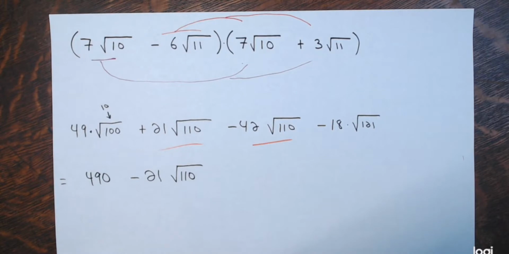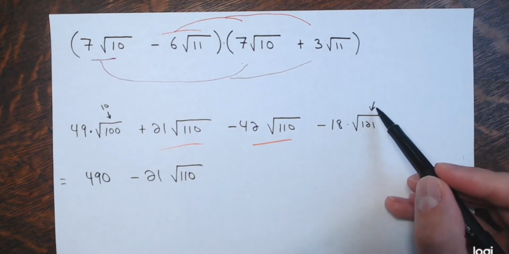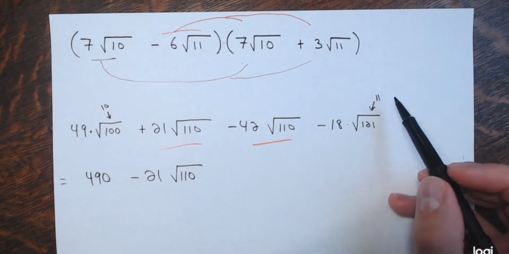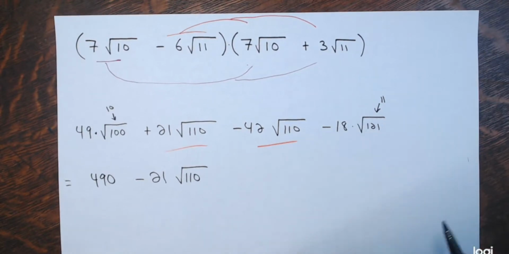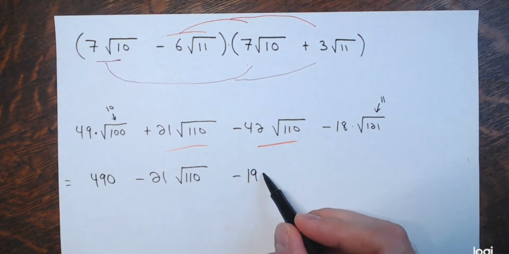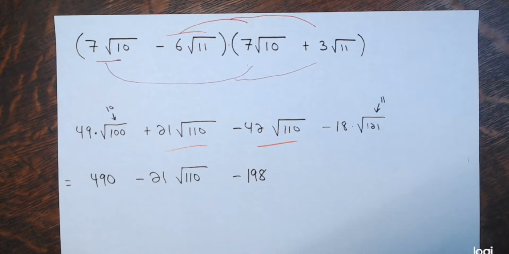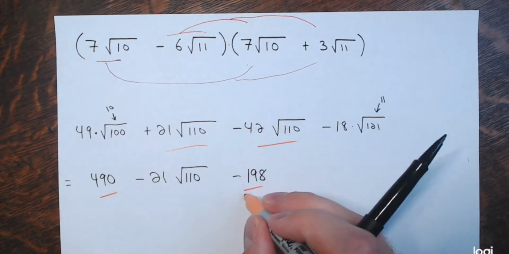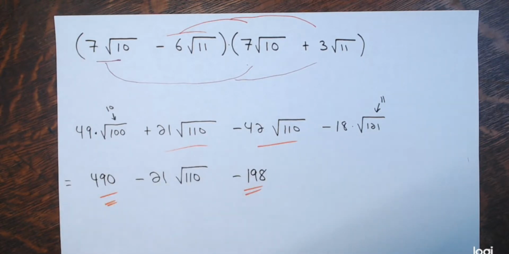All right. And then, as I mentioned, square root of 121 is 11. 18 times 11 is 198, so this is minus 198 over here. And then I have these terms to combine, 490 and negative 198. That'd be 292.